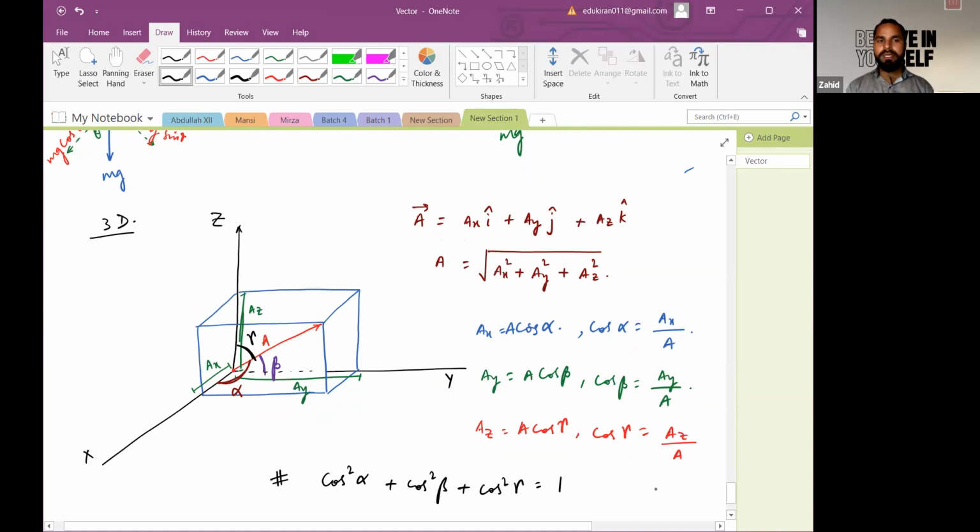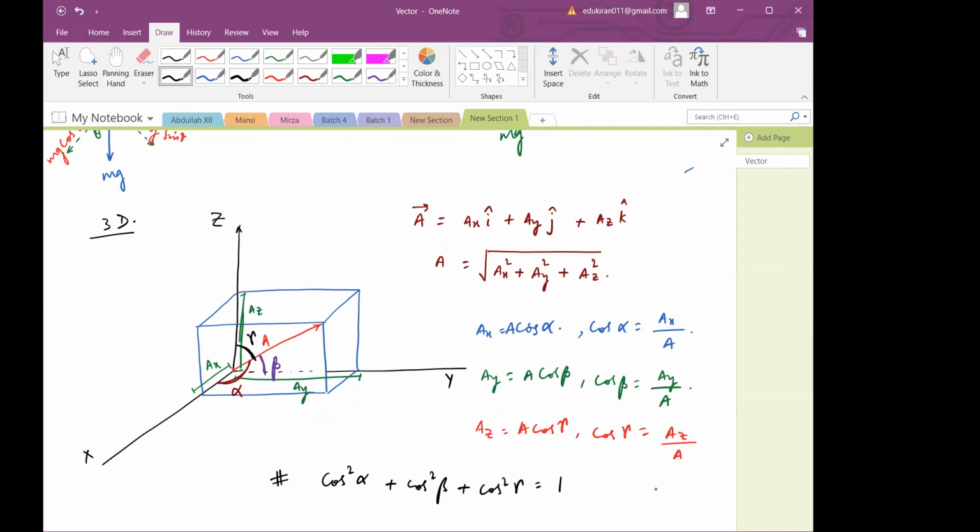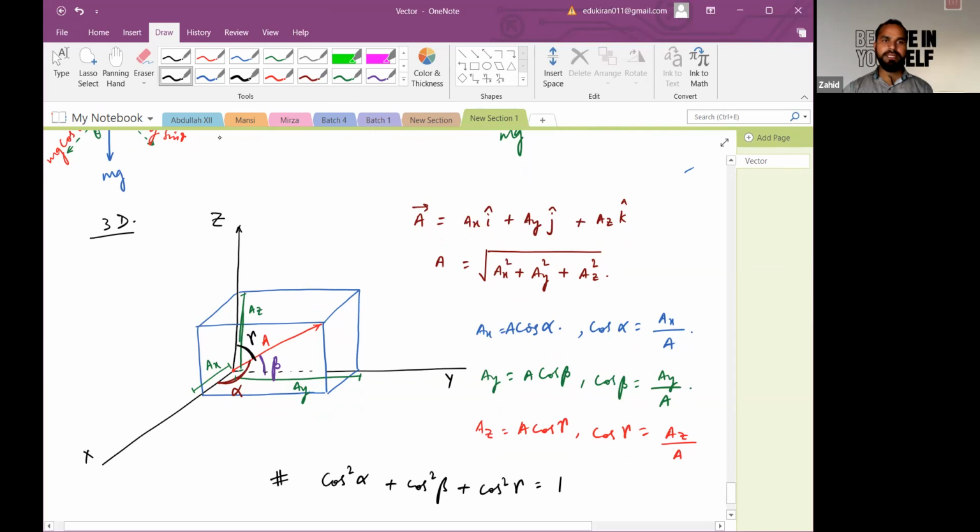Is it clear till this part? Yes, sir. Okay, just write it down. I'm giving you an example related to this.